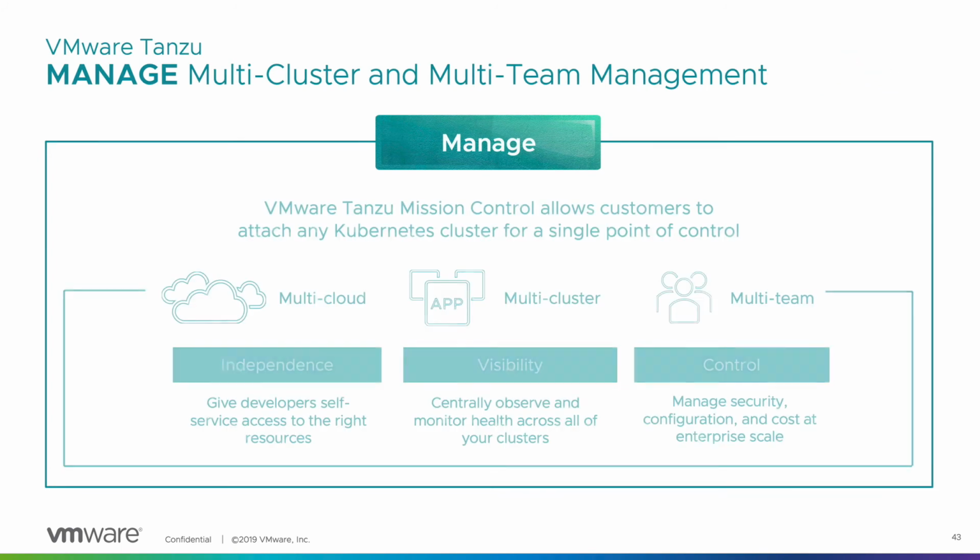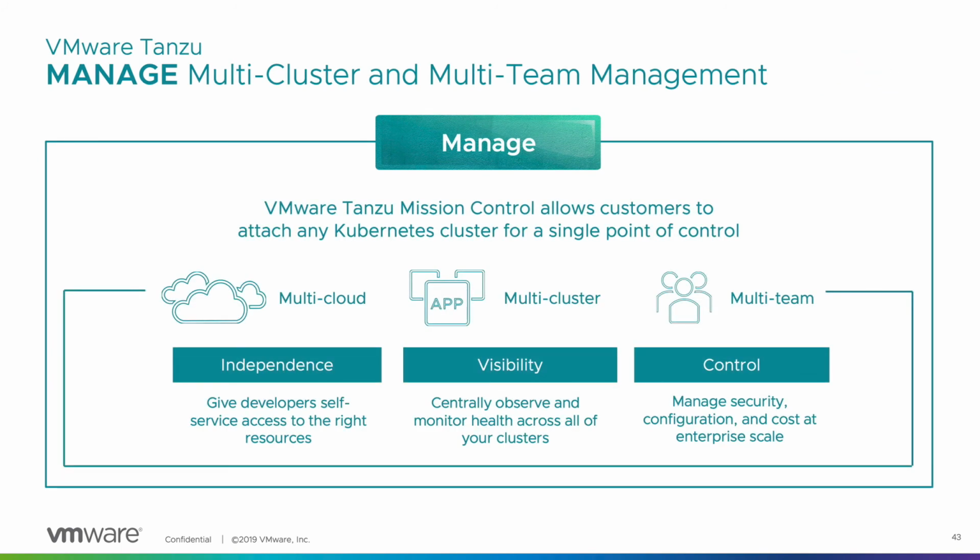Well, this is where Tanzu Mission Control really comes in, because what it does is deliver a multi-cloud experience. It doesn't really matter if you're running on AWS, or if you have Tanzu Kubernetes Grid clusters running on vSphere, or even if you want to adopt potentially OpenShift clusters, you can bring this all in and have this wide-level view of any cluster that you're managing.